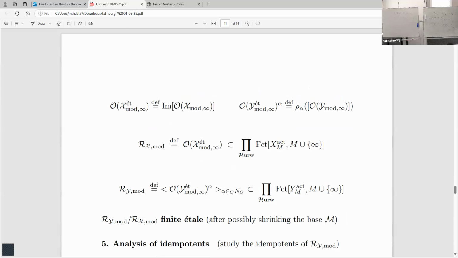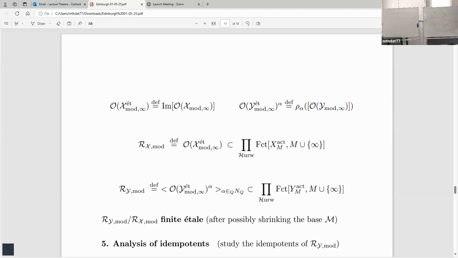And then what one does is this construction that appeared in Tsujimura's talk or in Mochizuki's talk. One takes the sub Rx mod algebra inside this infinite product of function spaces, which is generated by these finitely many copies of OY mod infinity, right?